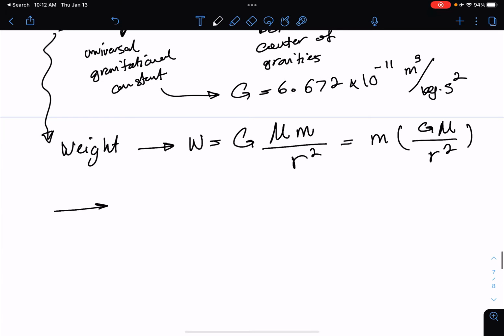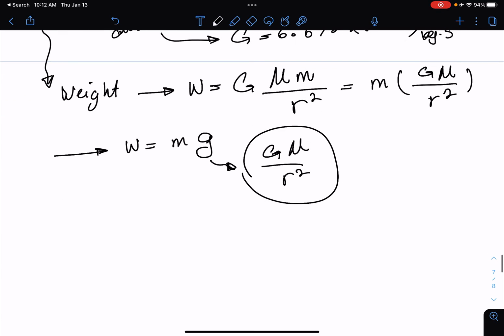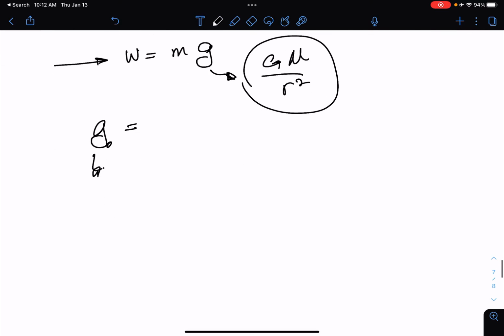So we can essentially say weight is equal to your mass multiplied by the gravity, right? Gravity is this. It's the definition of gravity. If you are on the surface of the Earth, gravity is shown by g naught, so gravity on the surface of the Earth.